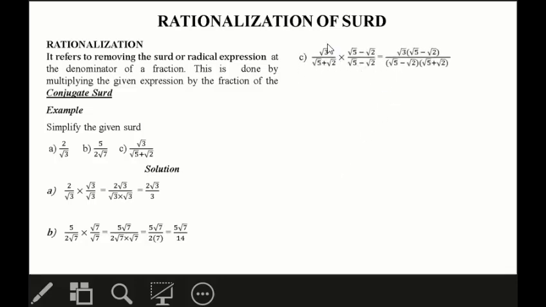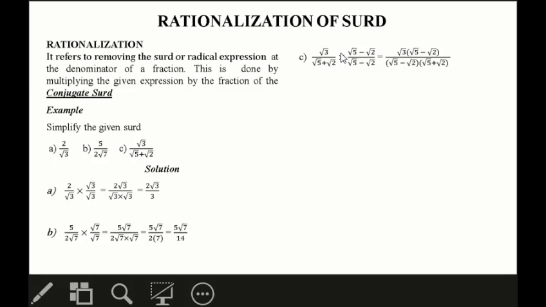We have root of 3 divided by root of 5 plus root of 2. So over here in this expression, the denominator is a compound set. So you can see that the operation between the two sets over there is addition. So its conjugate will be the same expression, but in a negative form.